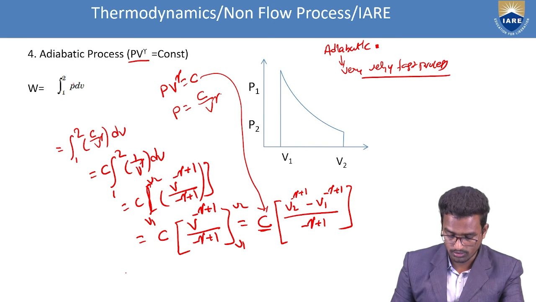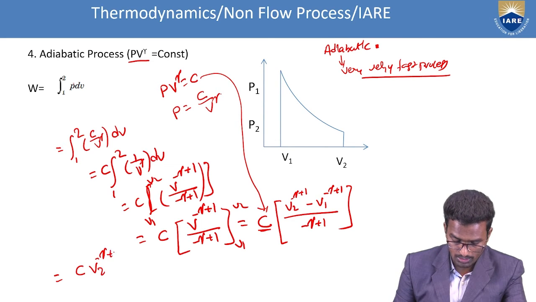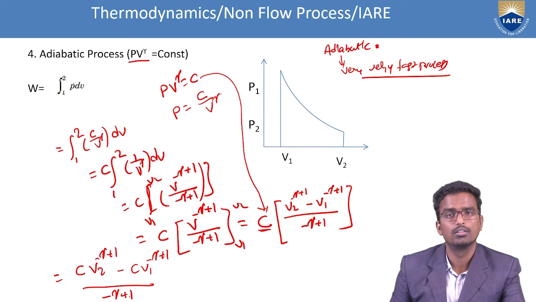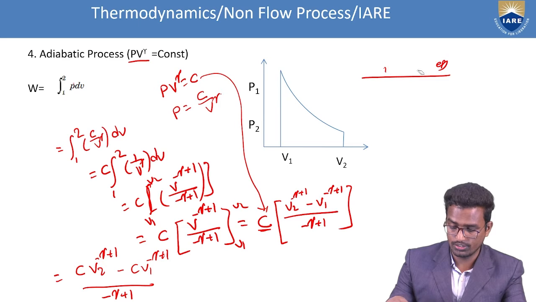Before going to that, I divide the C into different parts. So you can say C into V2 power of minus gamma plus 1, minus C into V1 power of minus gamma plus 1, by minus gamma plus 1.